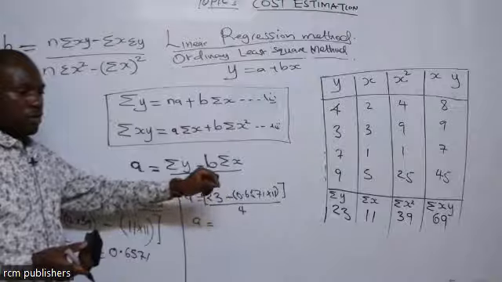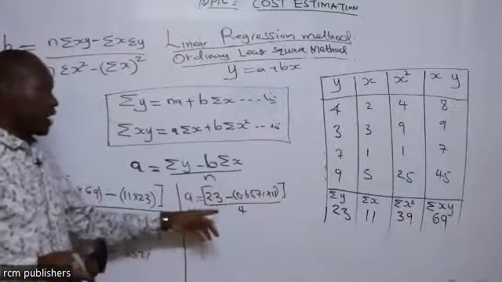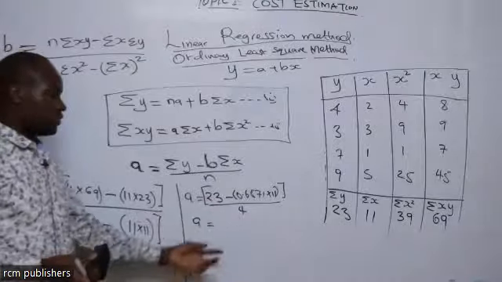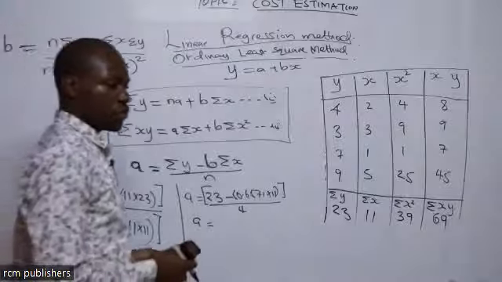The way you have the value of B, multiply by 11 times -1, add this, divide by 4. Simple. It is 3.9428.